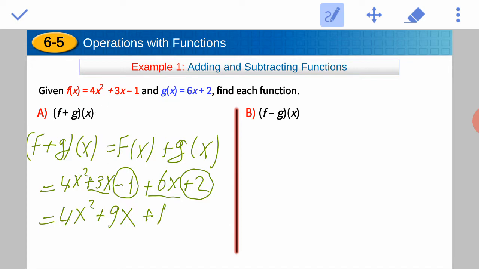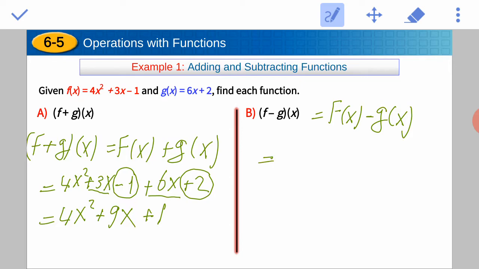Very easy. Subtraction. f minus g of x is defined by the rule f of x minus g of x. Direct substitution.